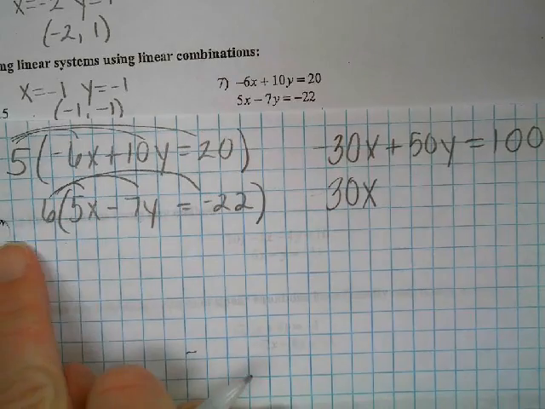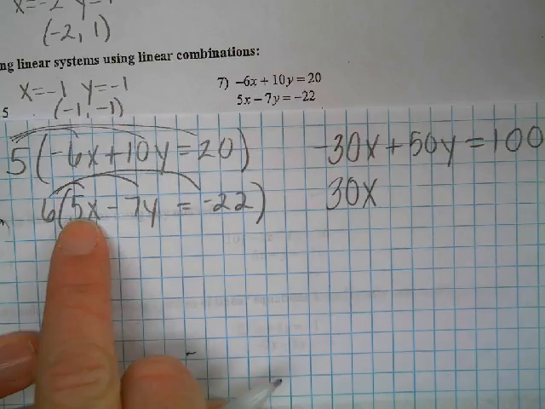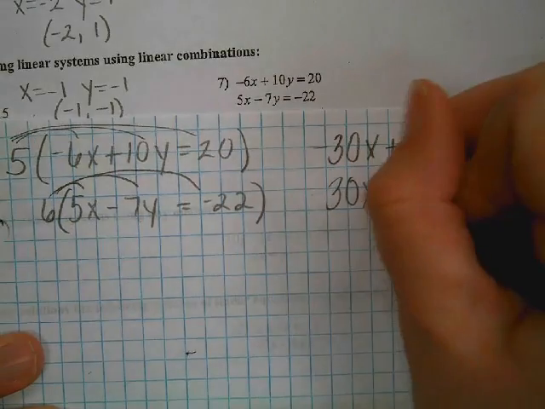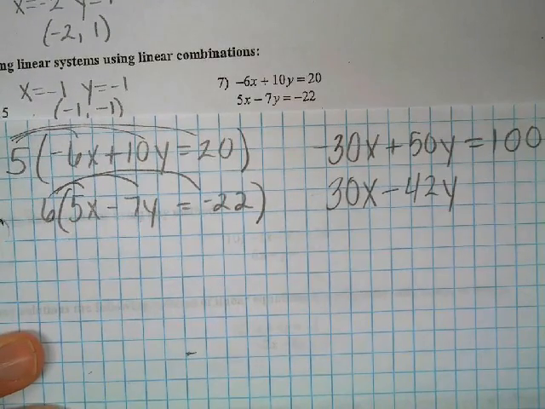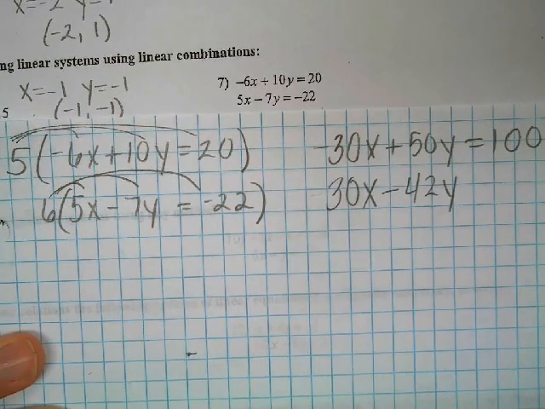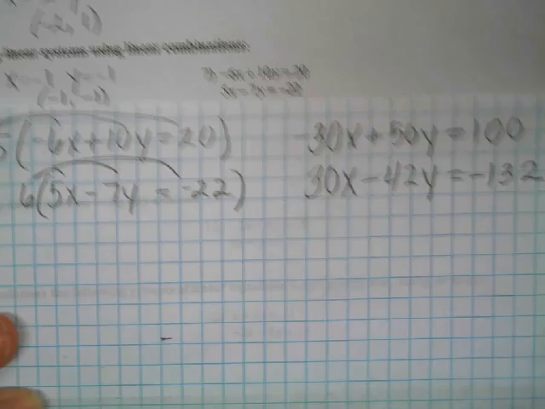That's why I changed that to a positive 6. So distributing a positive 6 gives me 30x minus 42y, and then negative 22 times 6 gives me negative 132.